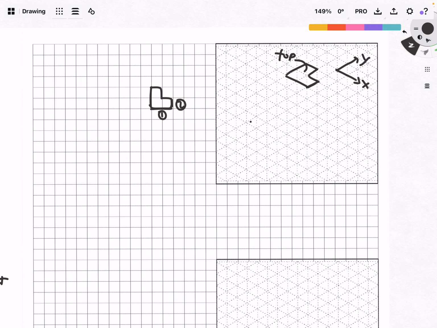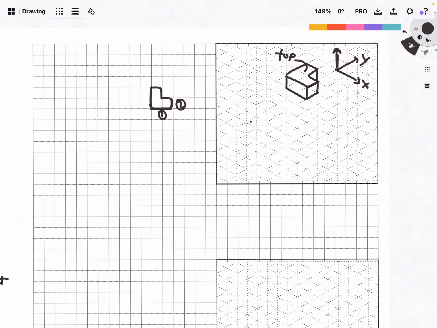So now I'm going to extrude along the z-axis, which I usually draw this direction. But since this is the top of my shape, I'm actually going to extrude down. And then I'm going to connect the bottom of my shape.